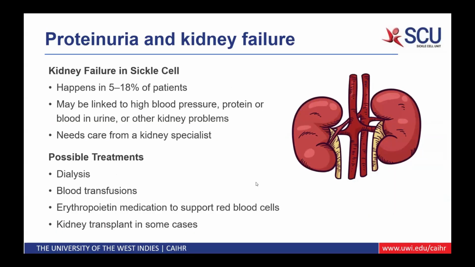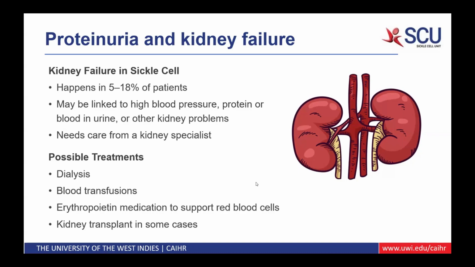Now, as I said, the goal is always to pick it up early so that it doesn't progress. But if it does progress to kidney failure, which can happen in about 5 to 18% of patients with sickle cell, well, patients with kidney issues, it's something that you will need to be in one of the kidney clinics at one of the larger type A hospitals where they'll discuss many different options with you.